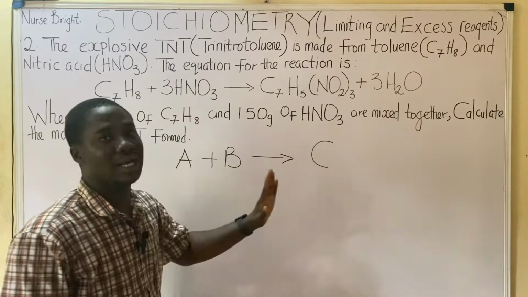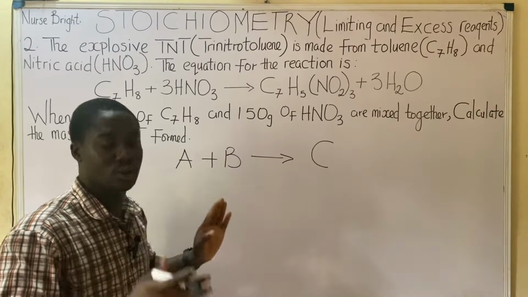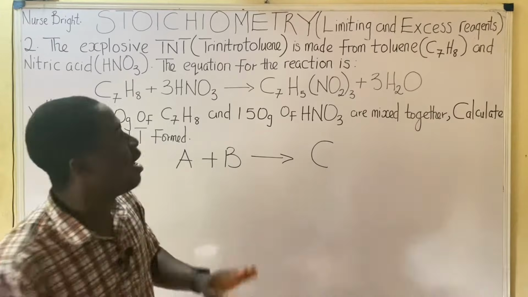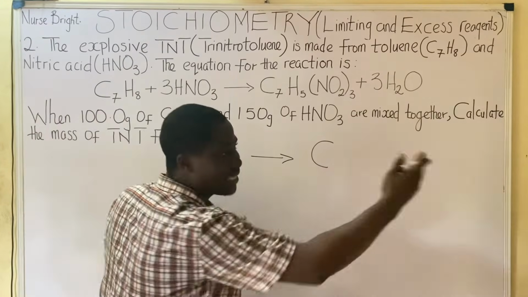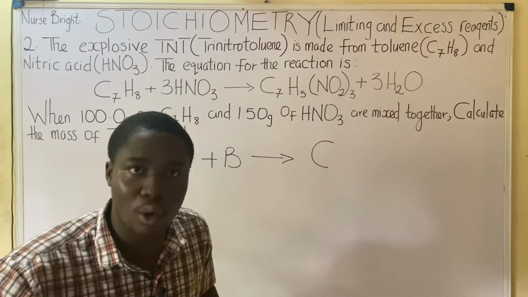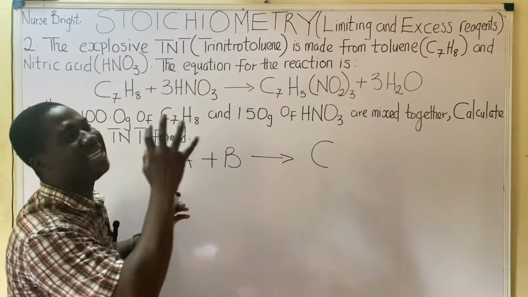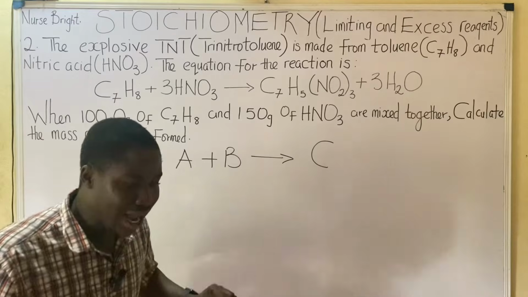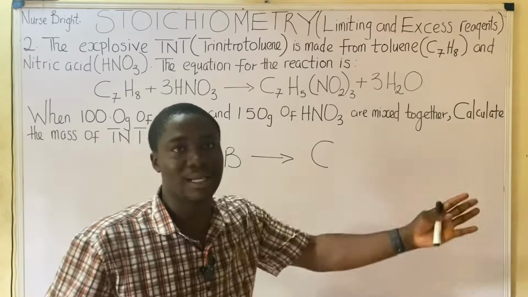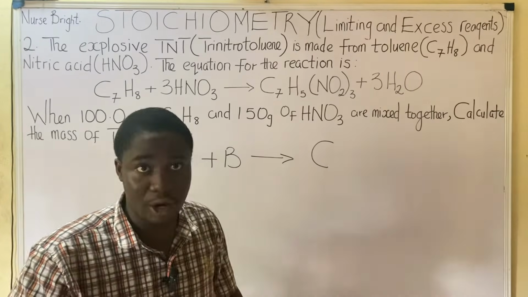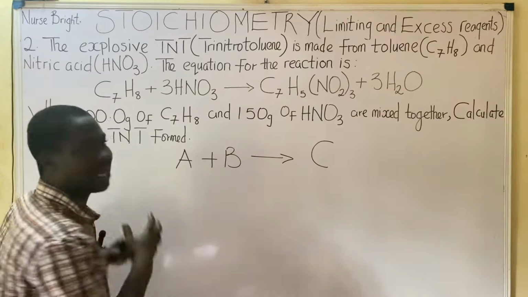So you already know that the left hand side of a reaction is the reactant side, whereas the right hand side is the product side. Are you following me now? So we are focused now on the reactants. A reactant can be either limiting or excess. So we have two reactants here.